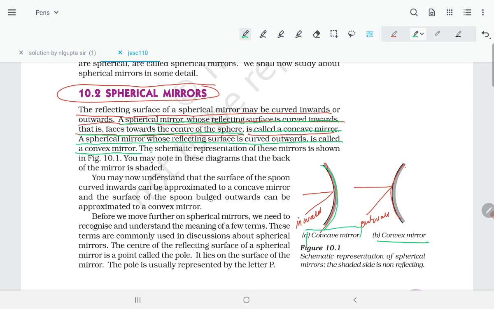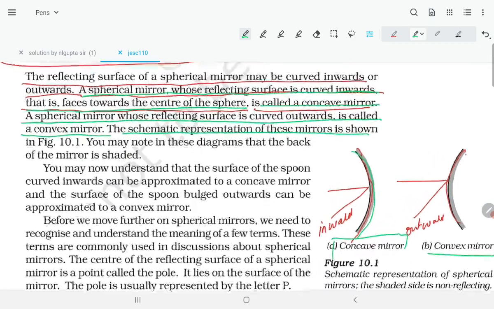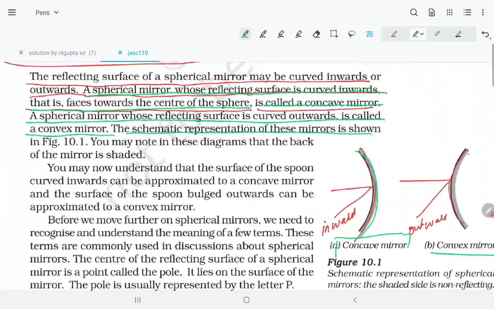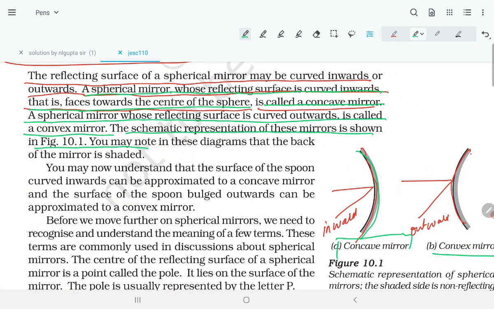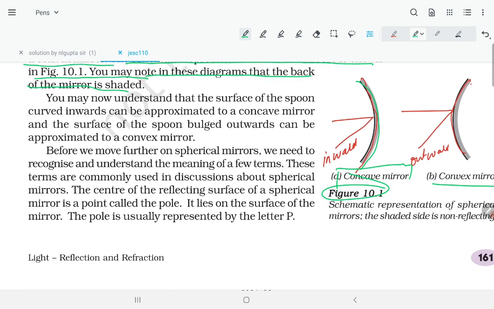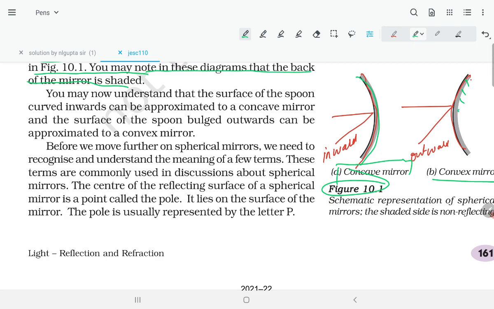The schematic representation of these mirrors is shown in figure 10.1. You may note in this diagram that the back of the mirror is shaded. Here you see the back of this is shaded, here it is also shaded.